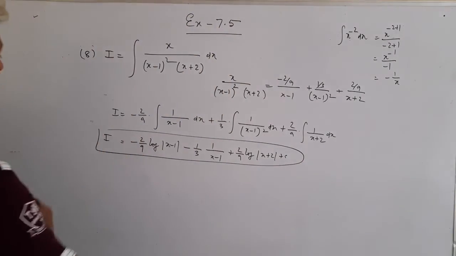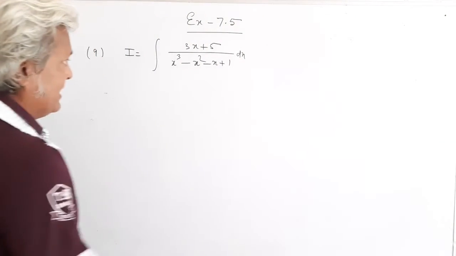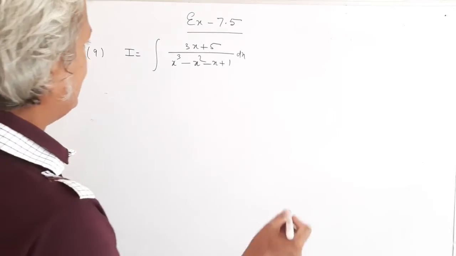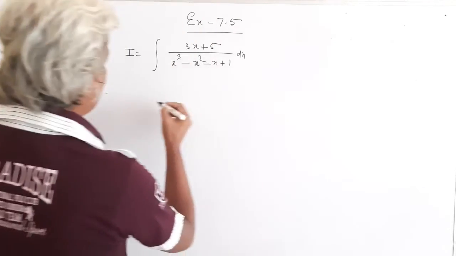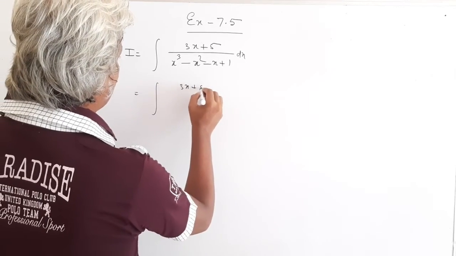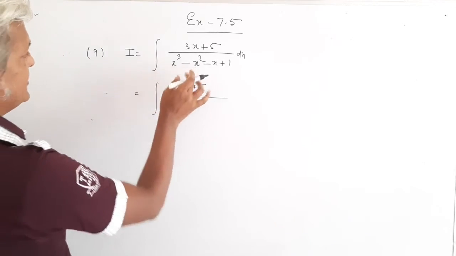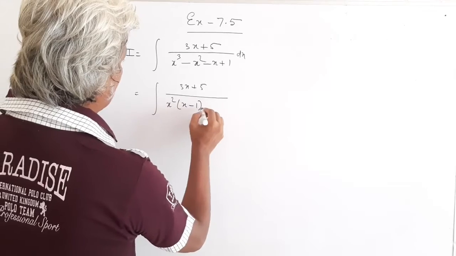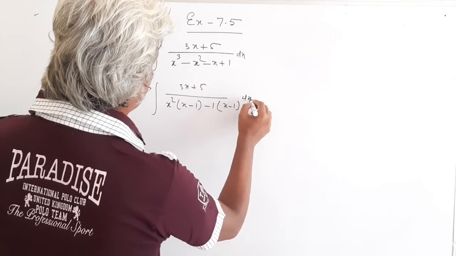Now the next question: I is the integral of 3x plus 5 over x cube minus x square minus x plus 1. So now I want to factorize this. We can write this as 3x plus 5 over, first you take x square common from the first two terms, that is x square times x minus 1, minus 1 times x minus 1, dx.